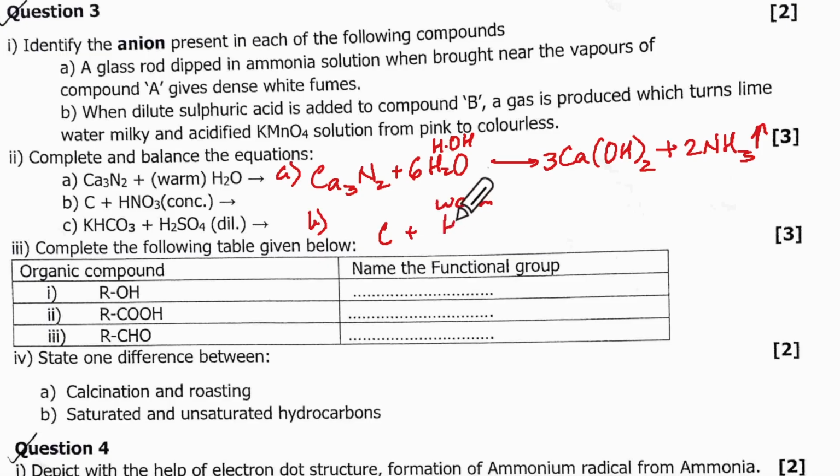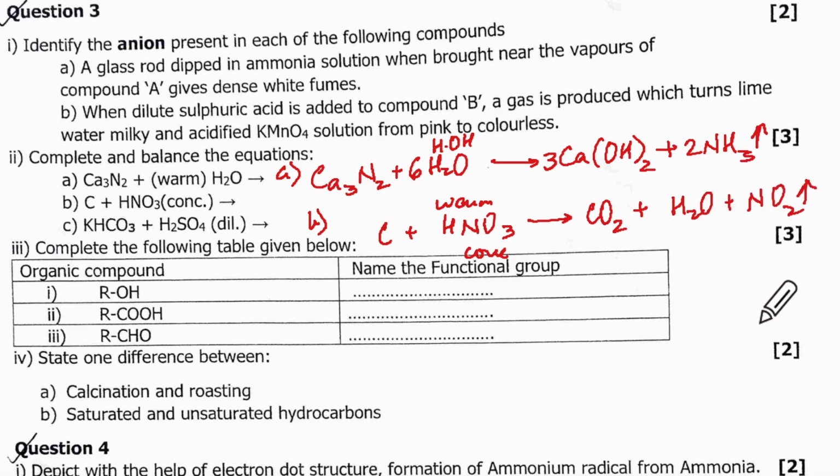We come to B. Carbon plus conc. HNO3. Conc. HNO3 is an oxidizing acid. It is going to make C into CO2, and conc. HNO3 has a package deal of H2O plus NO2, which is a gas. And remember, we take here 4.